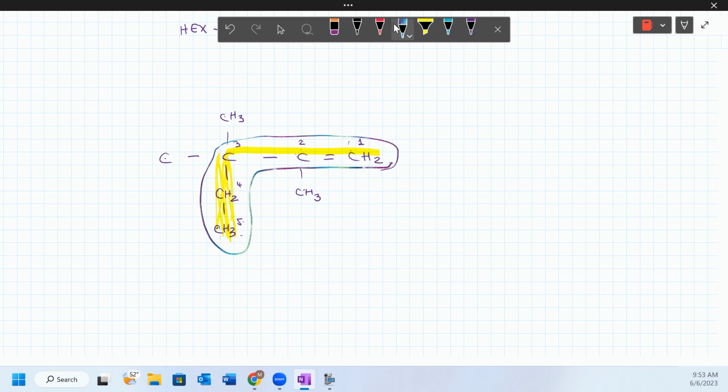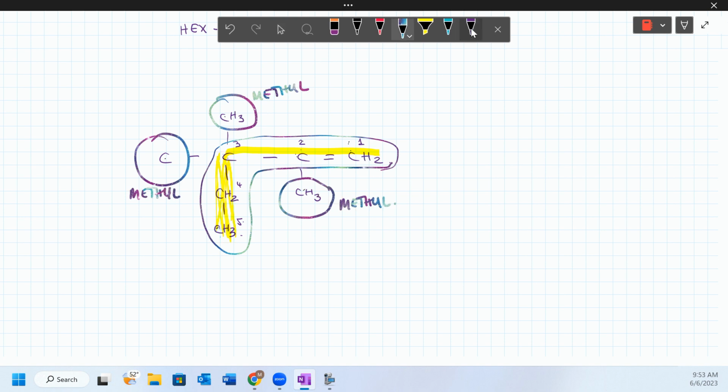And then let's identify the branches. So we have a methyl. We have another methyl here. And we have another methyl here. Even though I didn't write the H3, it is there. It is present.